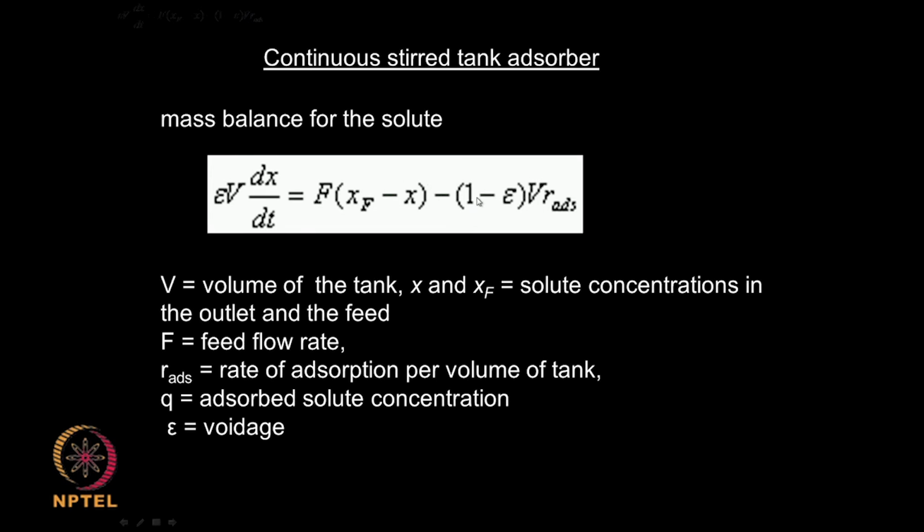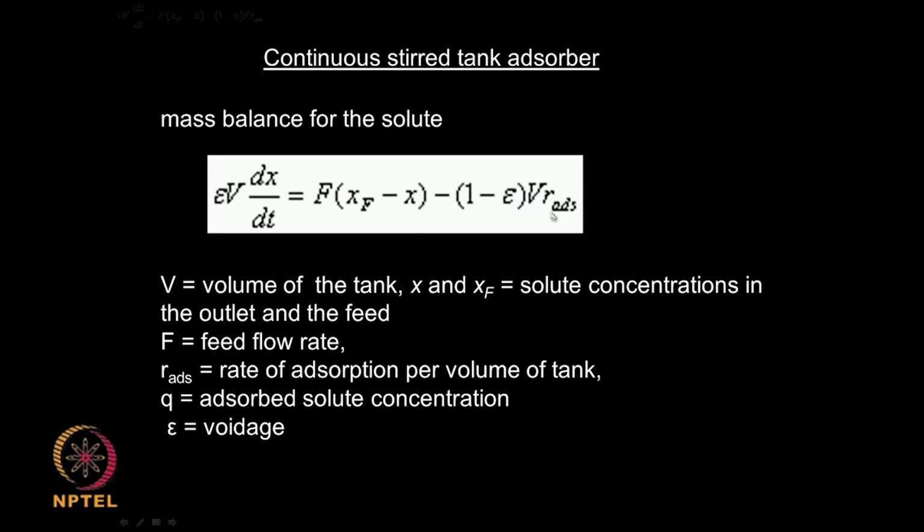So 1 minus E into V is the amount of solids present, E into V is the amount of liquid present inside the tank. F into XF is the amount of solute that is entering, F into X is the amount of solute that is leaving. XF is large, X is small because some adsorption has taken place.